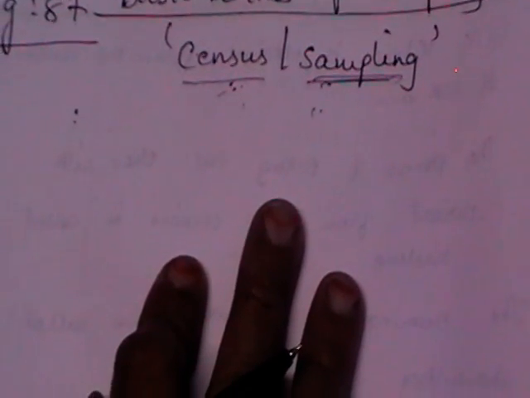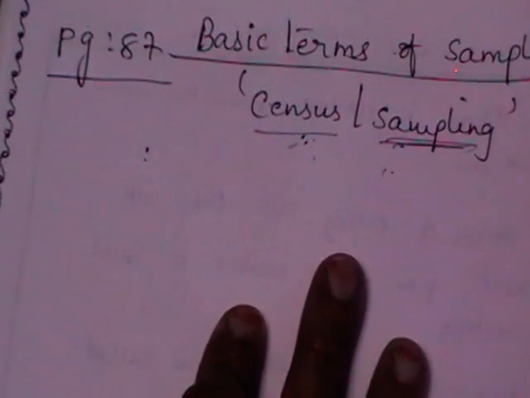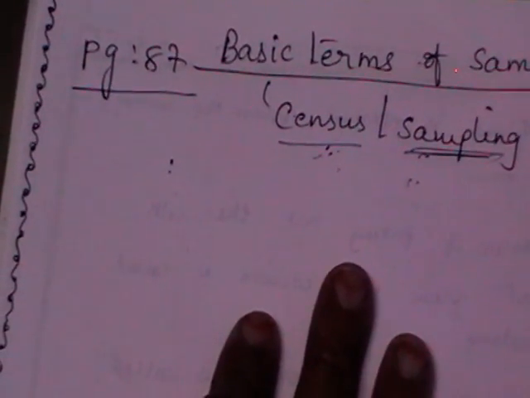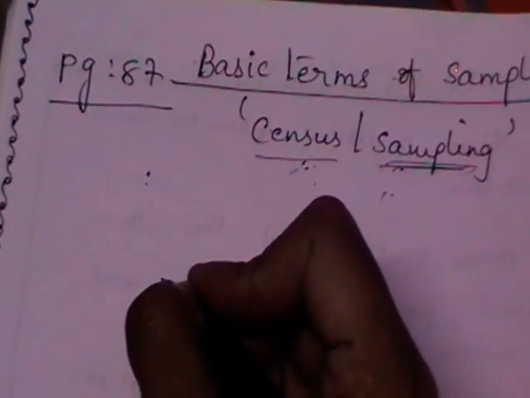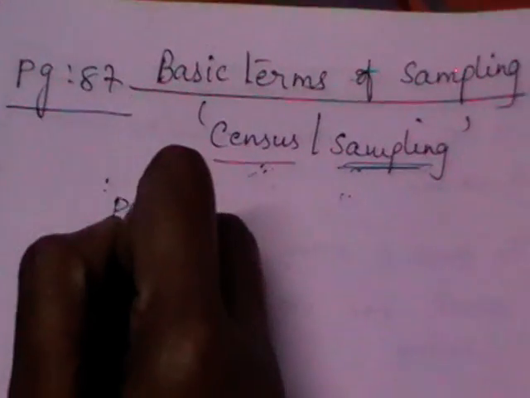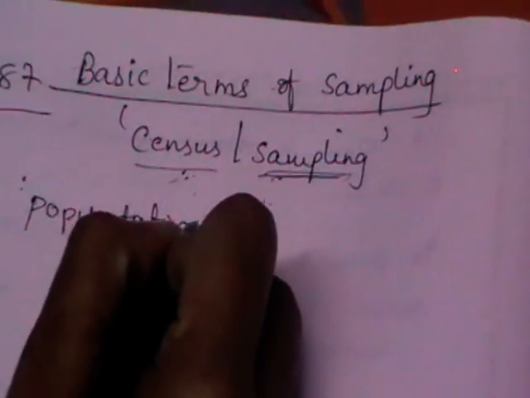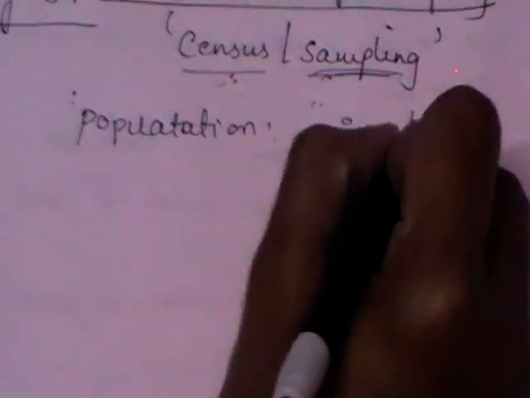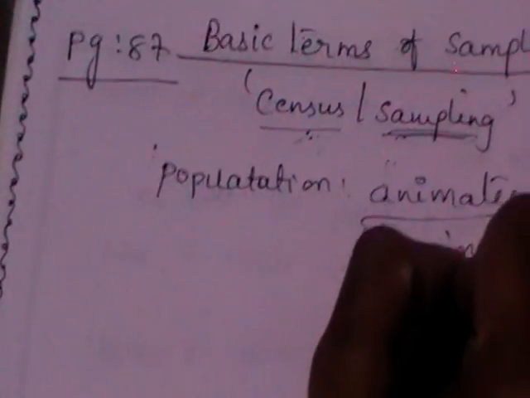Generally, population we refer to as a collection of individuals. But in statistics, population means a collection of animates or inanimates. What do I mean by animates? Animates are living things like human beings or animals.